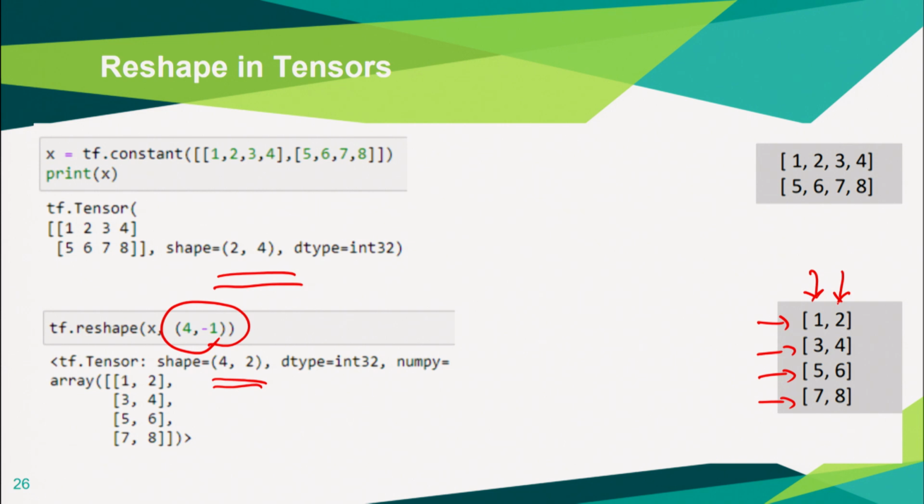So, you have applied the reshaping in tensors, and instead of directly giving 2 by 4 by 2, we can use the -1, and we get the values as 1, 2, 3, 4, 5, 6 and 7, 8.